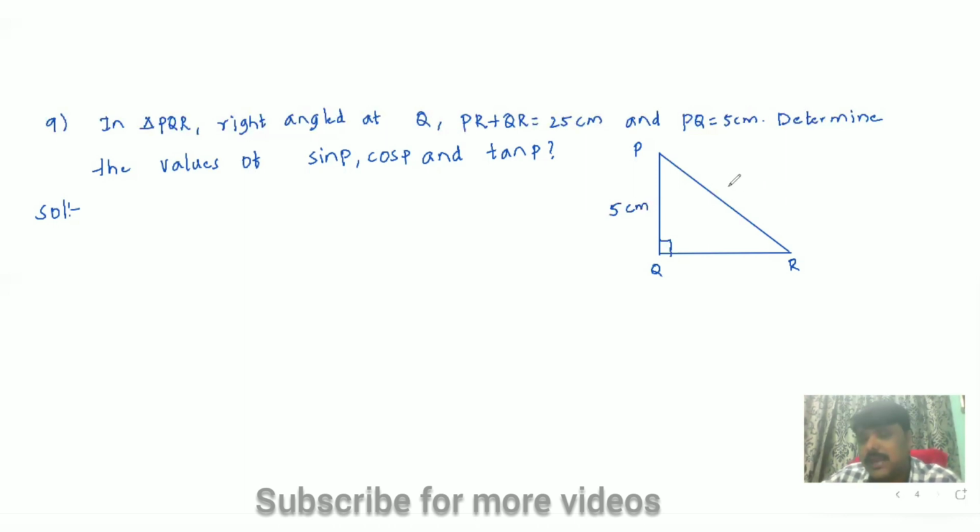Let us say the value of PR as X. PR plus QR equals 25 centimeters. We are considering PR as X plus QR equals 25. Then QR equals 25 minus X.